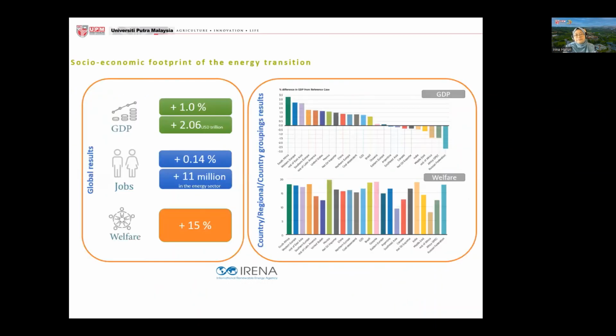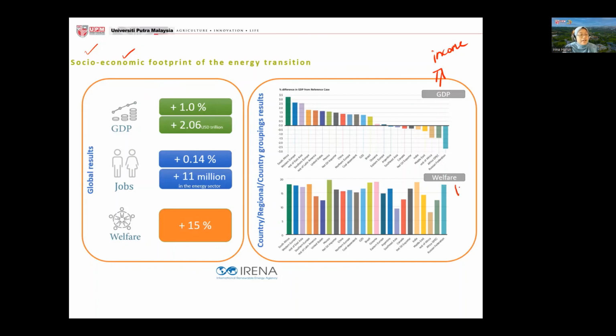All right. And if you just look at the socio-economic footprint, please bear in mind when I say socio and economy, what it relates to. Basically the economy, we can look at the GDP, gross domestic product. This is actually related to income of the country. The higher it is means that the country generates more income, so they are more prosperous.